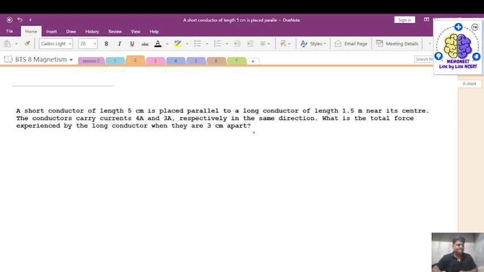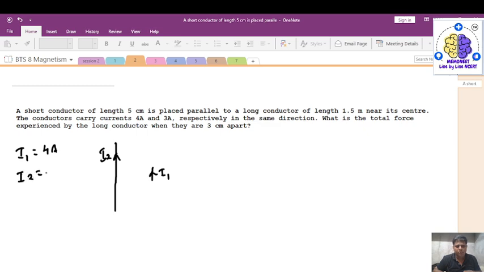So there are two conductors. One conductor is a long conductor and another is a short conductor. Let the current flowing in the short conductor be I1 and the current flowing in the long conductor be I2, where according to the question, I1 is equal to 4 ampere and I2 is equal to 3 ampere.